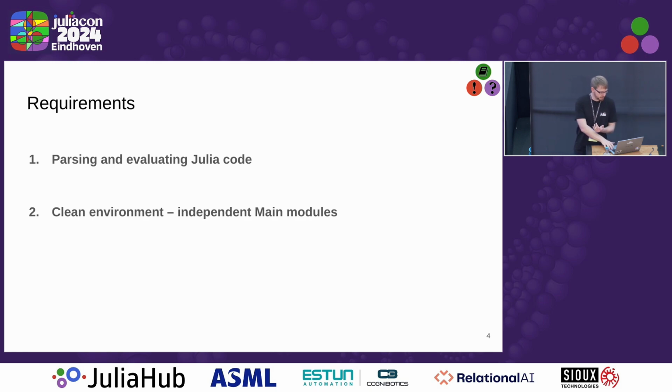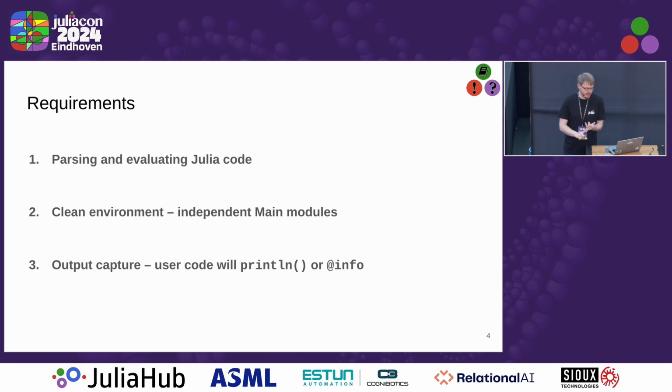We'll get to that. And last but not least, output capture. So we are evaluating arbitrary Julia code, which means that code will likely print stuff into the terminal, or use logging macros. Normally this stuff ends up in the terminal or maybe in your CI logs. We also want to capture that. So that's the third thing you need to think about.